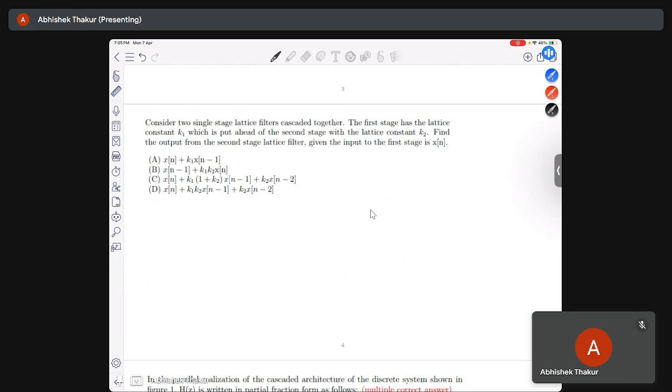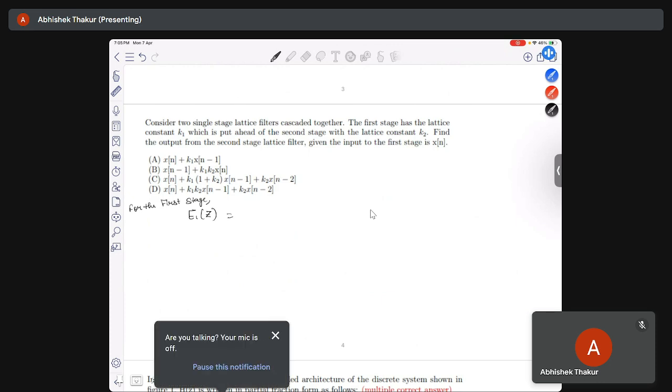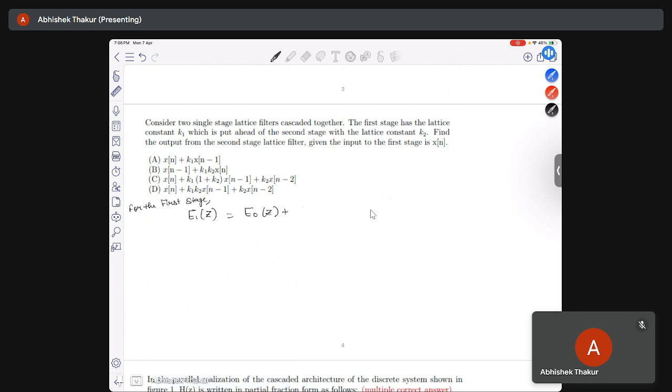So for the first stage, that is E1(z), it is equal to E0(z) + K1 z^-1 E0-hat(z). The first stage has the lattice constant K1. Or we can directly write E0(z).